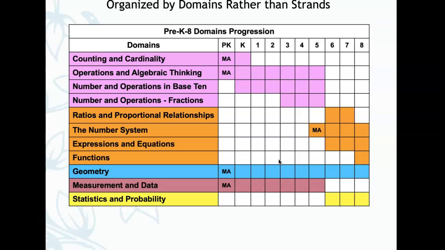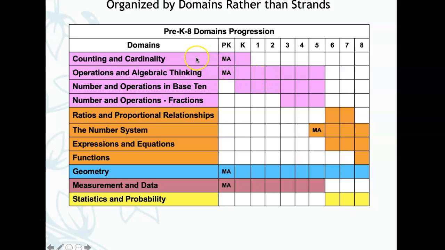So if you're looking at algebra, geometry, trigonometry, statistics, probability, all of that in high school, that is a different set of standards away from these domains that are the pre-K to 8 domains, which are really of interest to us as elementary teachers.